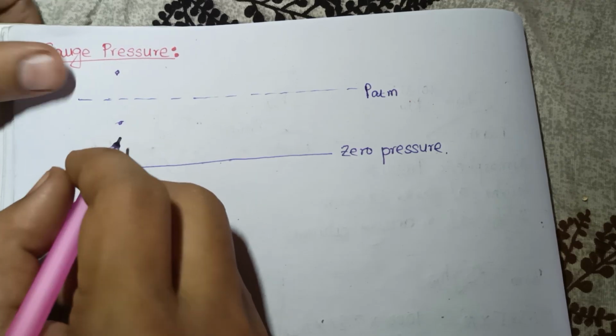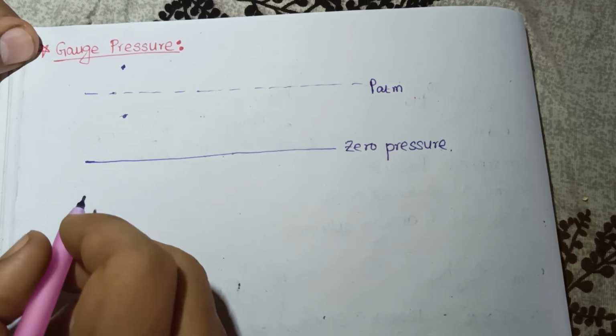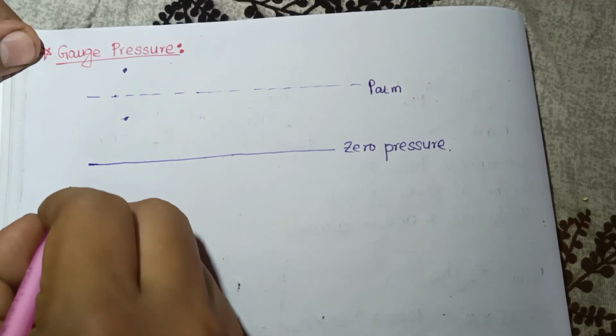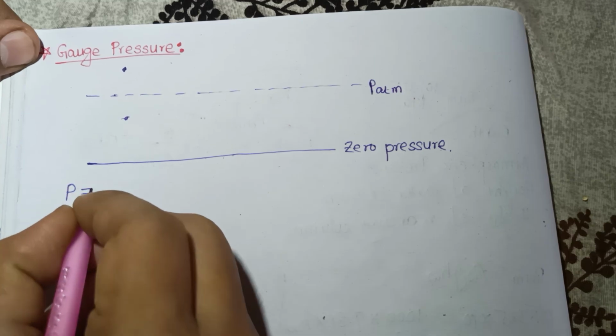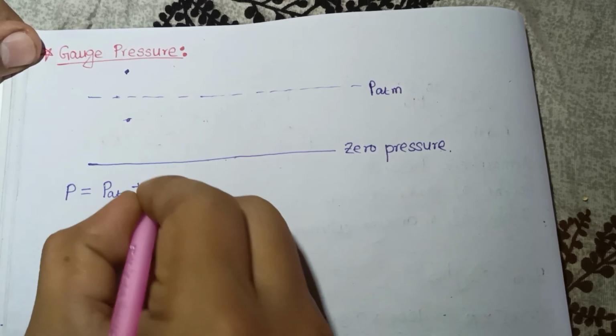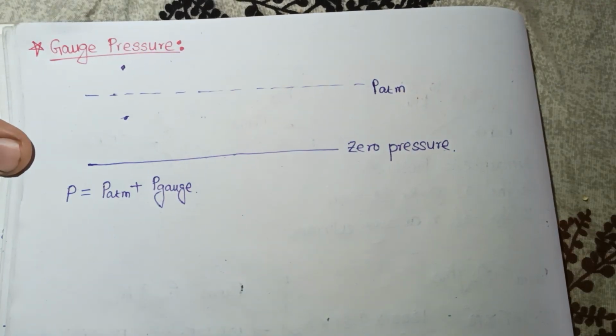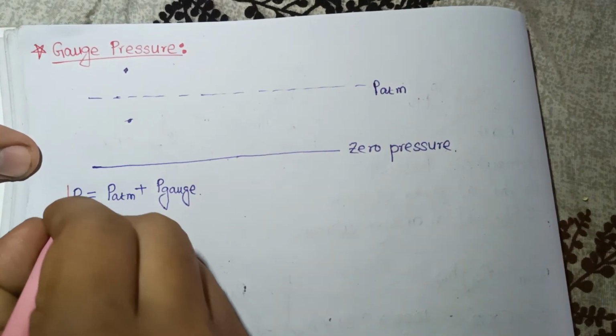So what is the relation between absolute pressure, atmospheric pressure, and gauge pressure? We know that absolute pressure is equal to atmospheric pressure plus gauge pressure. Remember this important relation.